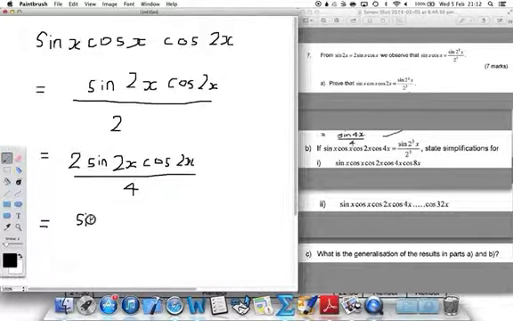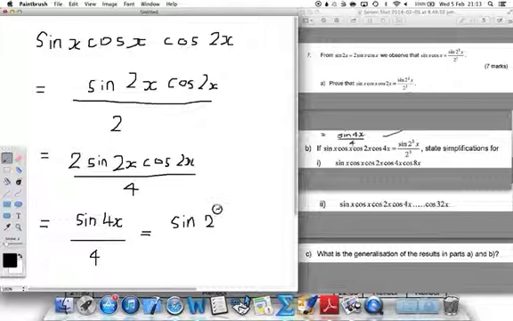That's because we have a sine 2x term and a cos 2x term multiplied by 2, so it fits this format, but for sine 4x. And we know from before that that's over 4. So we can hence set that equal to sine 2 squared x on 2 squared. And there's our little proof.